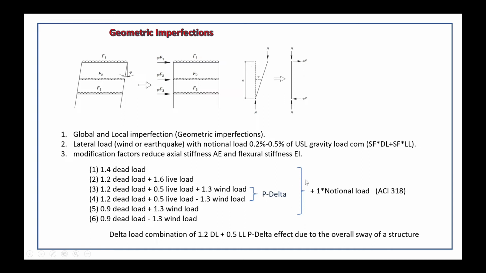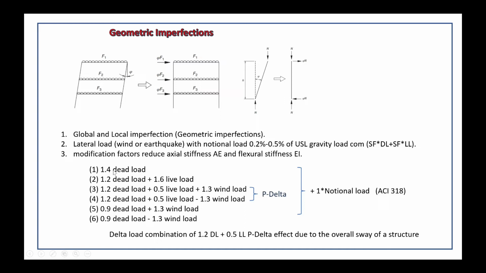And don't forget about the notional load. Notional load you can apply with the lateral load combination, or you can apply with the gravity load. If you don't know when to apply it with lateral load and when with gravity load, you can apply it to both the gravity load and the lateral load.